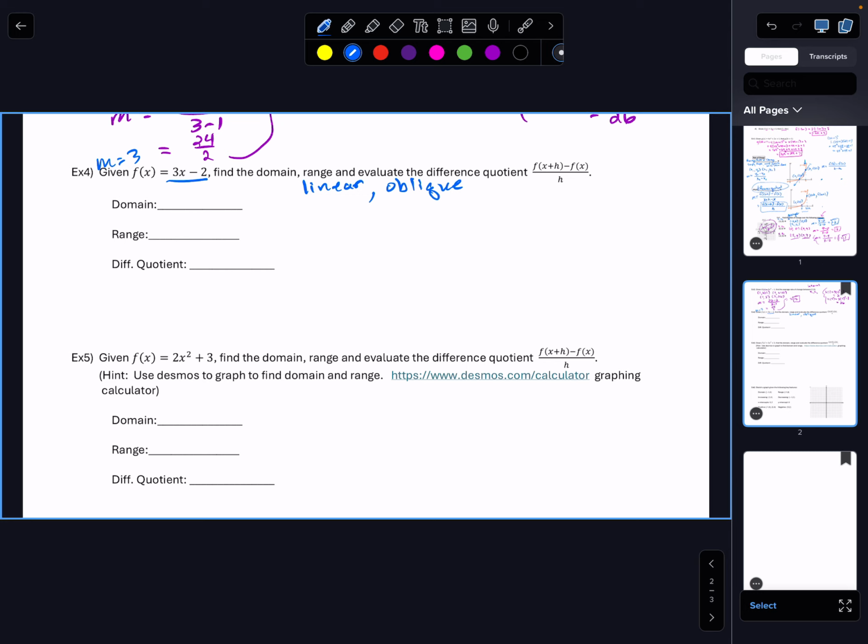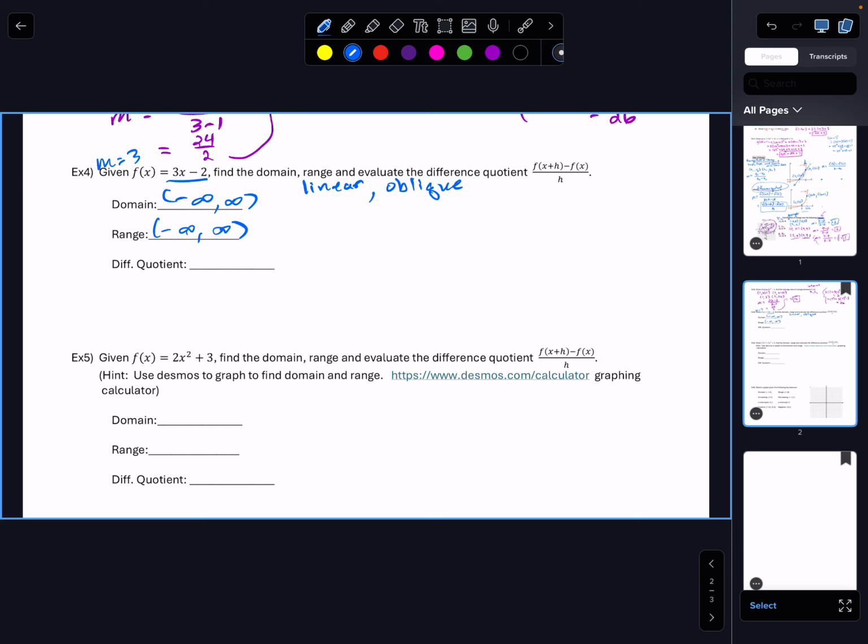So knowing properties of lines, you should go, domain, since it's going to be all reals, and range is going to be all reals. Worst case scenario, you put it into the graphing calculator at desmos.com and see what it looks like. I'm hoping most people know that this is a line with a slope of 3 and can figure out domain and range.